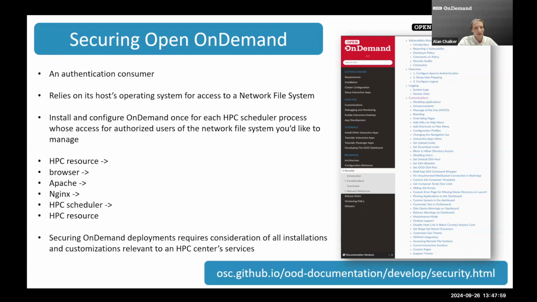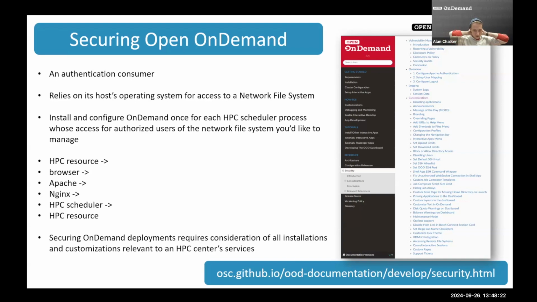It uses a lot of operating system utilities to do what it does, to launch the resource, to schedule the job. It has to use the scheduler. So that is a thing to keep in mind, that you have to make sure OnDemand has the access it needs and that access is secure.